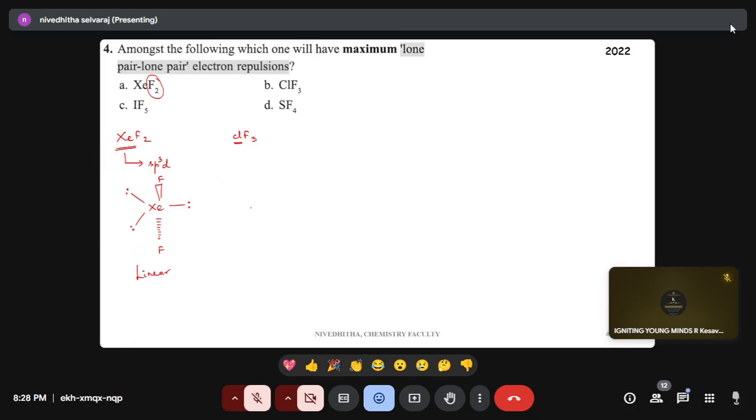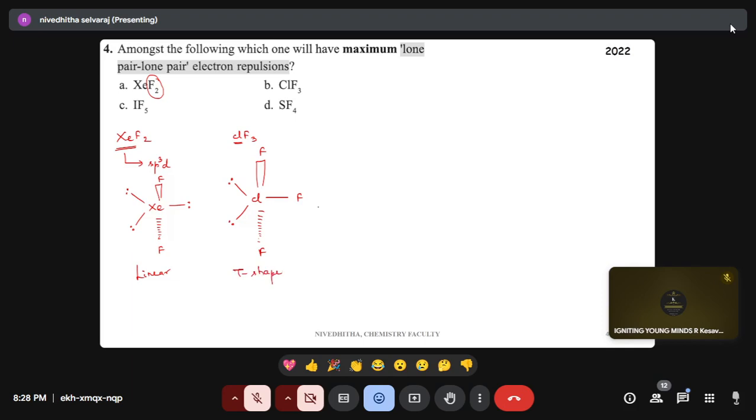So again, chlorine can form 5 chemical bonds, but chlorine has only 3 terminal atoms. So 1, 2, 3, and the empty bonds are filled with lone pairs of electrons. So the shape is T shape.